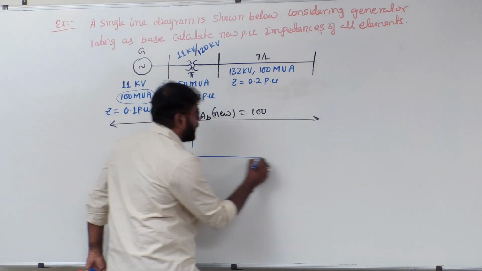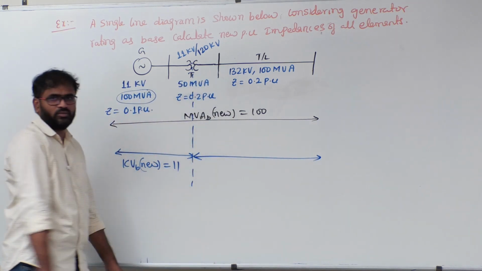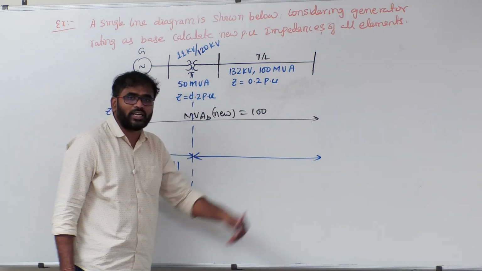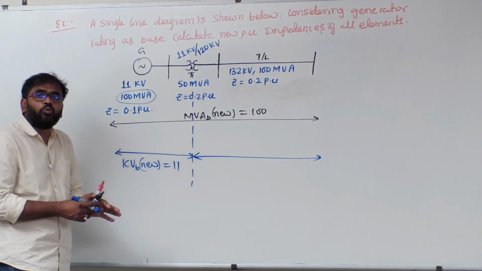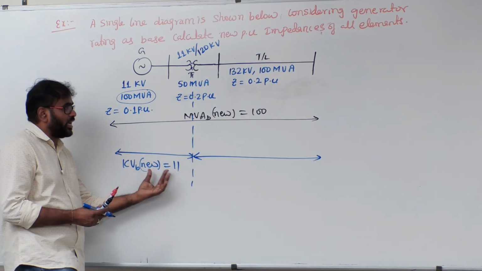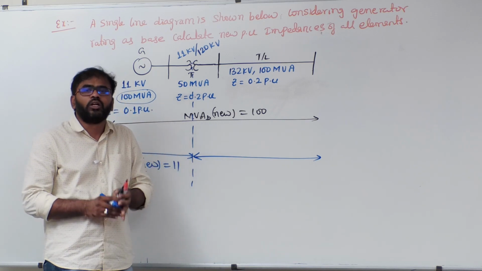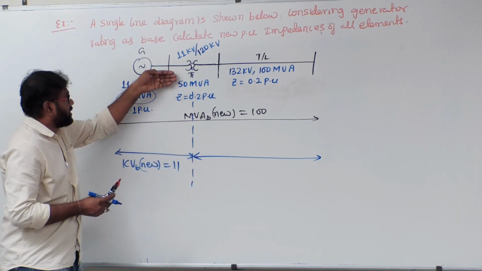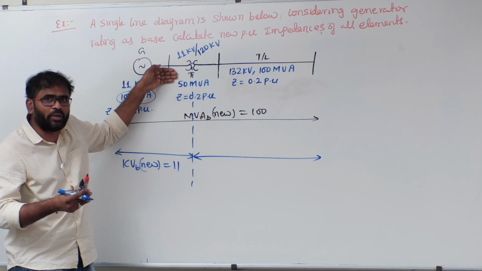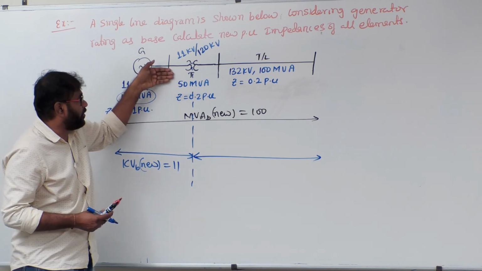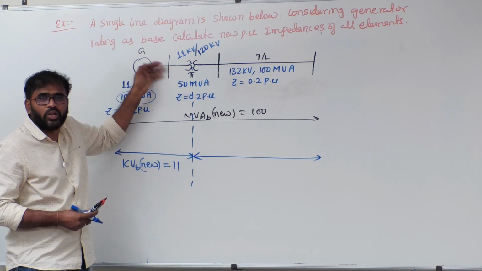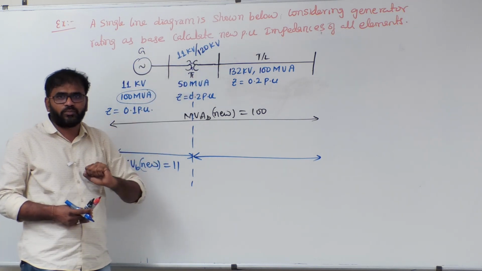What is the kVB new in the transformer secondary? For that, you must shift 11 kV to the high voltage side using the line to line transformation ratio. So for this transformer, I am given 11 kV in the primary. What is the secondary voltage I get?